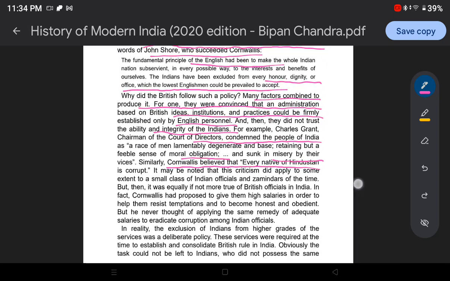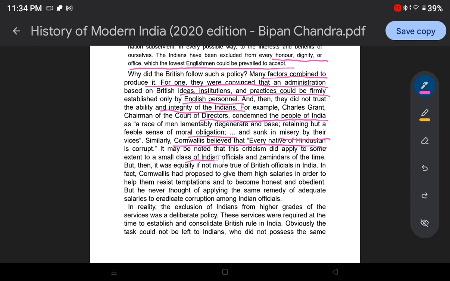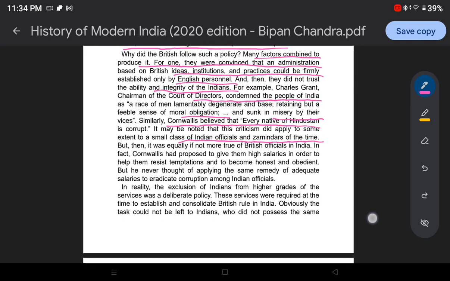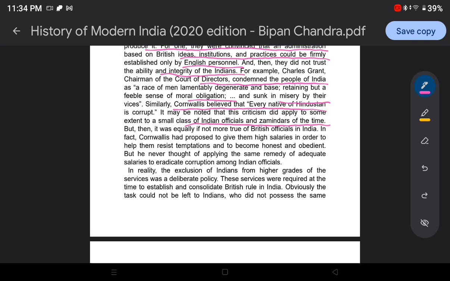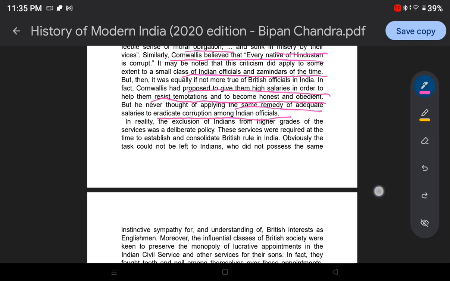It may be noted that this criticism did apply to some extent to a small class of Indian officials and zamindars of the time. But then it was equally, if not more, true of British officials in India. In fact, Cornwallis had proposed to give them high salaries in order to help them resist temptations and to become honest and obedient. But he never thought of applying the same remedy of adequate salaries to eradicate corruption among Indian officials.